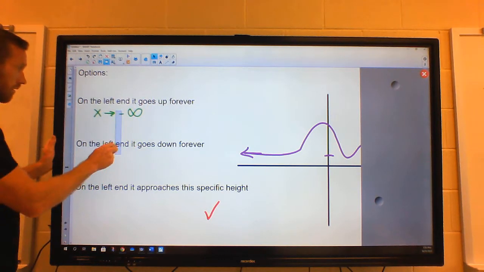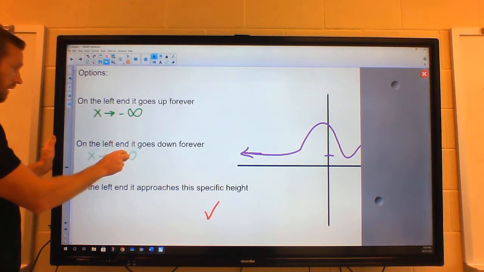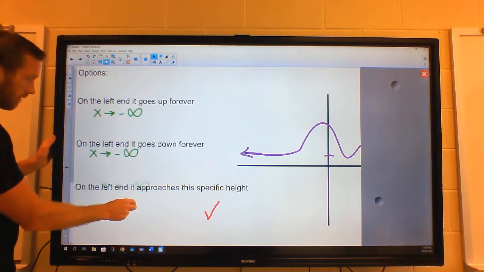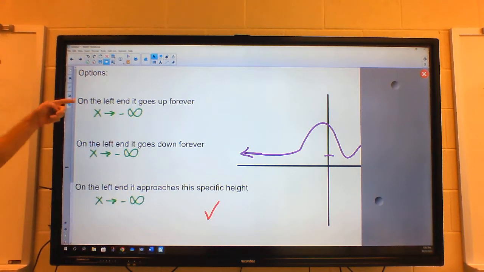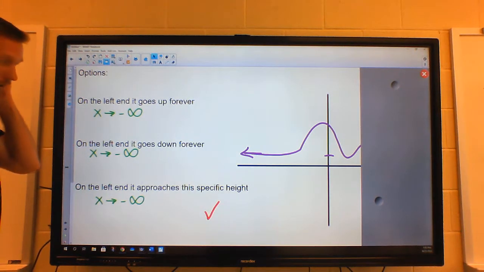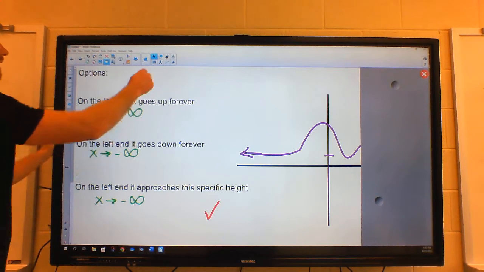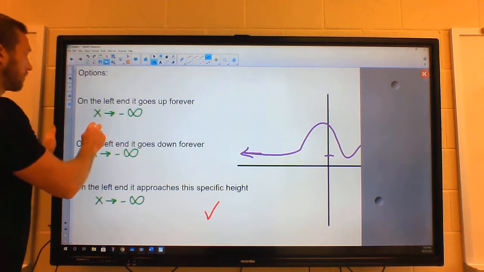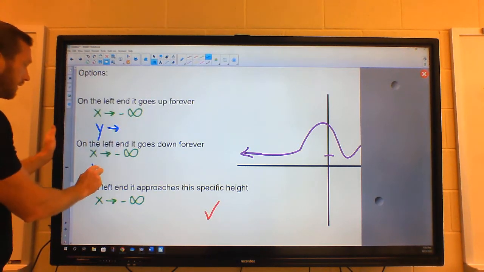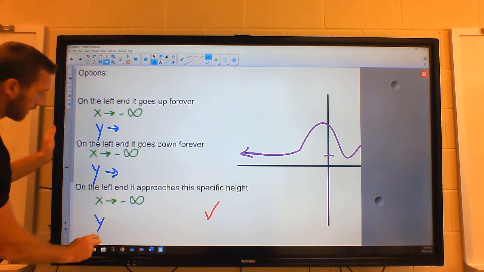Okay, so for all three of these scenarios, it is approaching the left side. And what we're looking to say is, what is the height approaching?